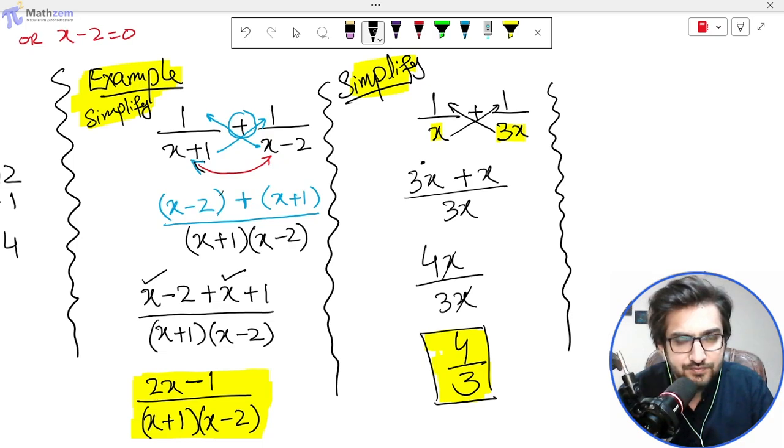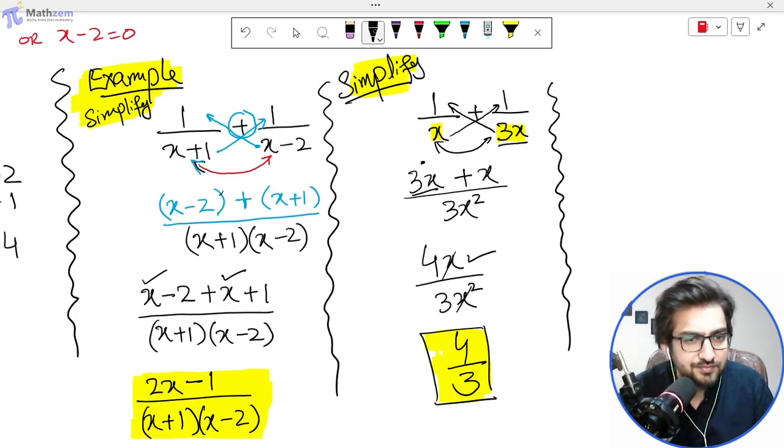So again, we have numerator and denominator. So again, we will do cross multiplication. So 3x times 1 is 3x, and x times 1 is x, and we will multiply these two together. So it is 3x square. Okay, 3x times x is 3x square. Okay, now 3x plus x is 4x, and we got 3x square there.